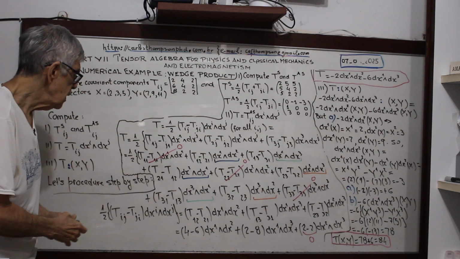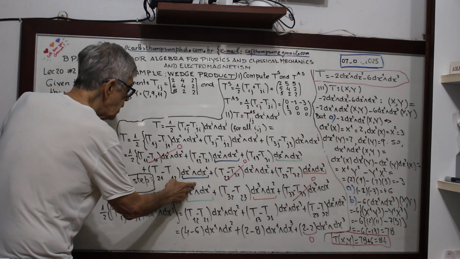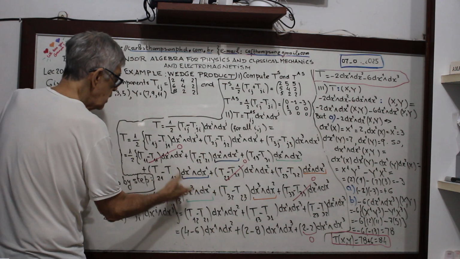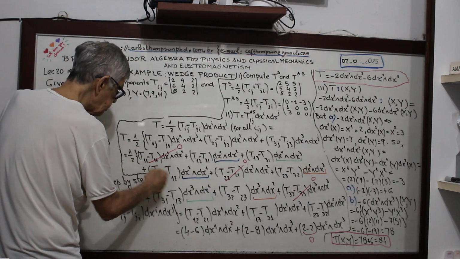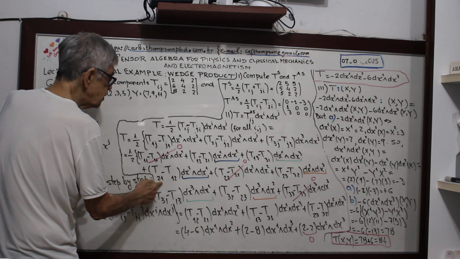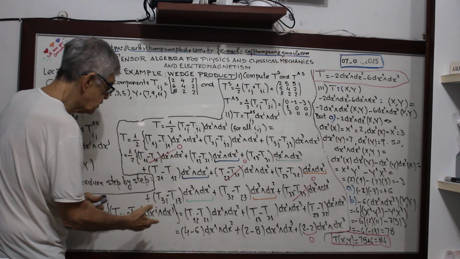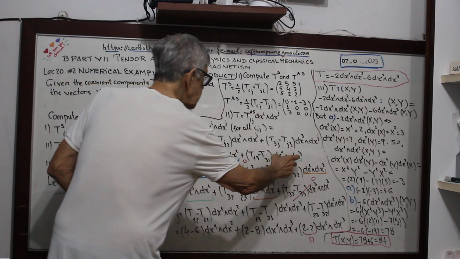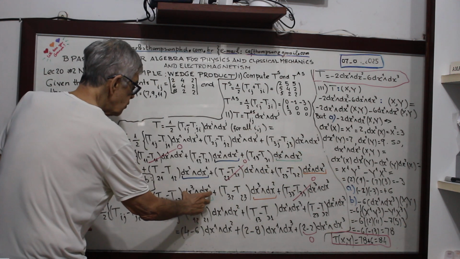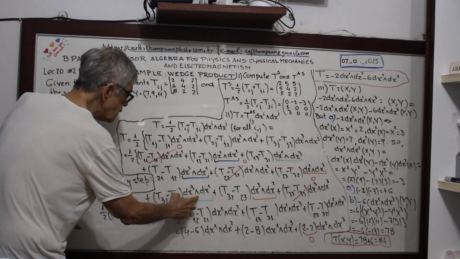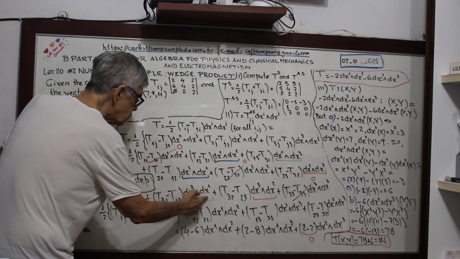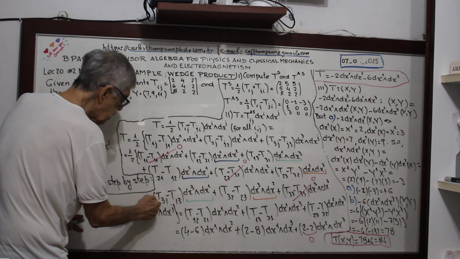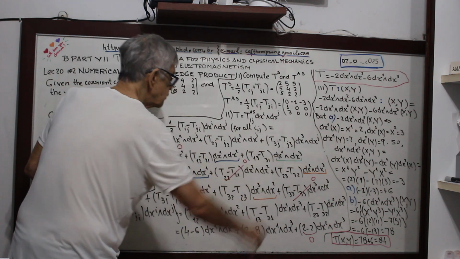It's quite easy. And then I group the blue one with the blue one. This is minus dx1 dx2. Here I have plus T12 minus T21, you'll have 2 times, which is written right here. So I group the green one with the green one over here. dx3 wedge dx1 is minus dx1 wedge dx3. This minus reaches this plus and minus, and I group with the green term.